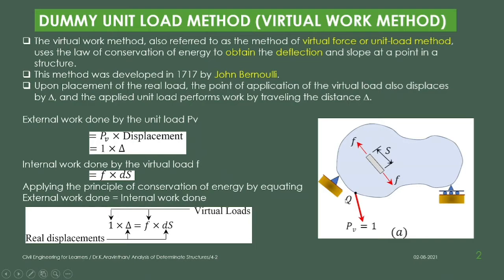What happens? Due to this external force, the internal particles of this object also tend to elongate. Say for example, if we consider a small element of length s, due to the force, the object elongates and takes a new dimension, and you will have a strain inside the object.